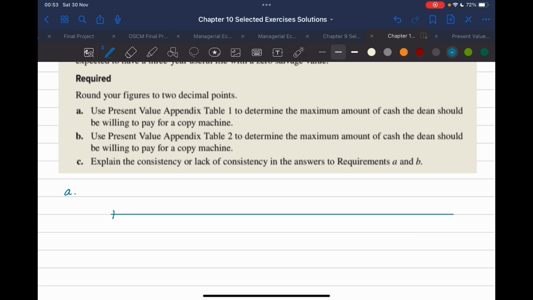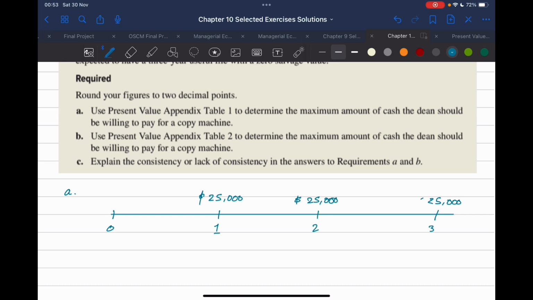Basically this is time 0, time 1, or the end of year 1, the end of year 2, and this is the end of year 3. Over those 3 years, we expect a cash inflow of $25,000 each year. So I'm going to write that down.